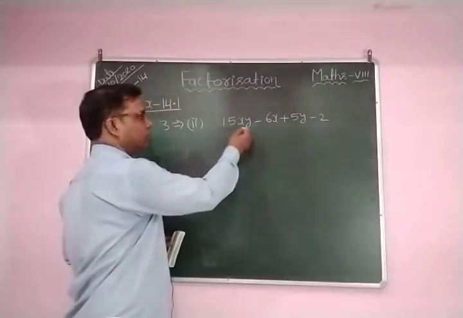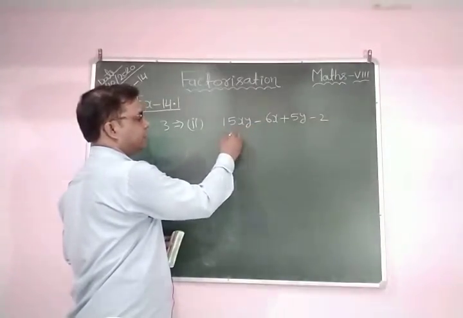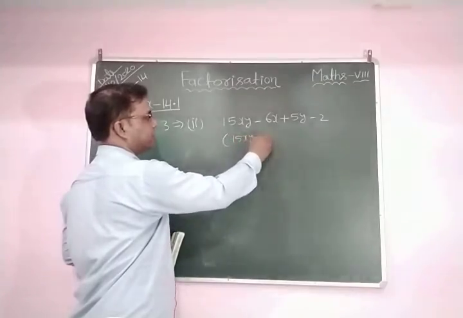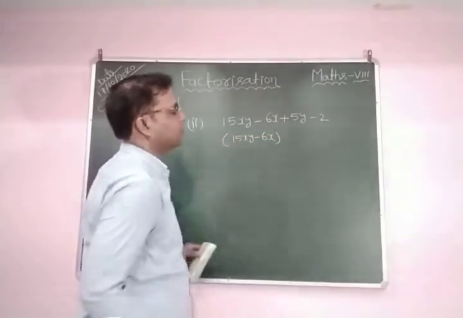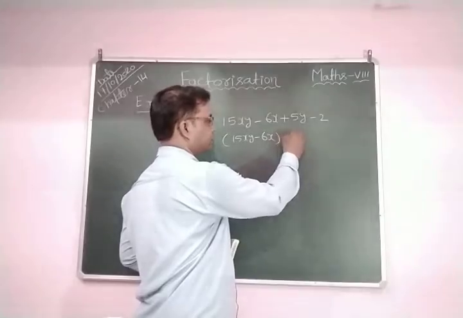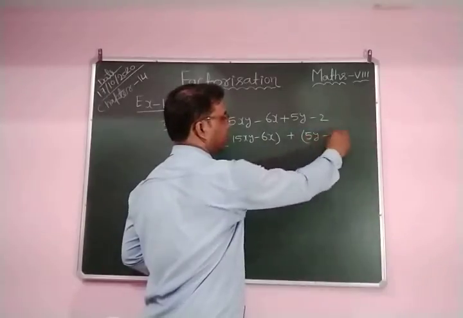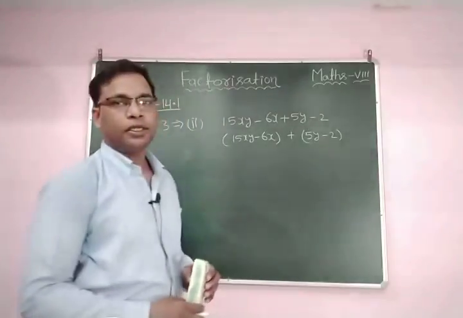We use brackets for grouping: 15xy minus 6x in one bracket, plus 5y minus 2 in another bracket. This is clear.